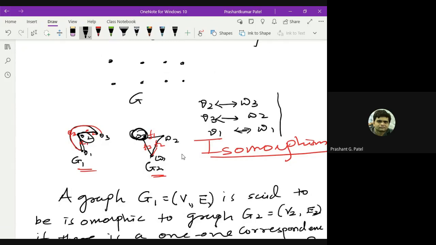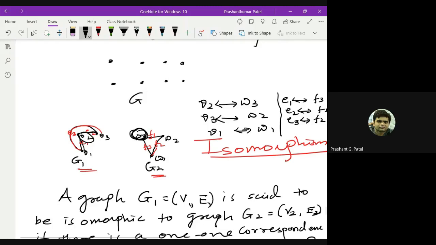Similarly, there is a one-one correspondence between E1 and F3, between E2 and F1, and between E3 and F2. This is what I am explaining regarding the one-one correspondence between the vertex set and the edge set.